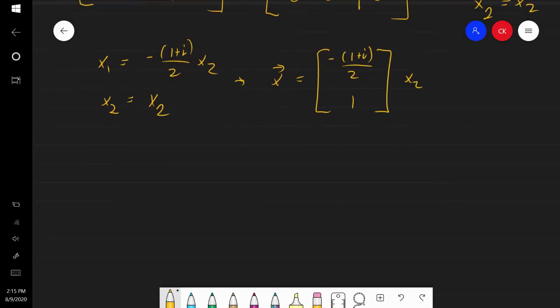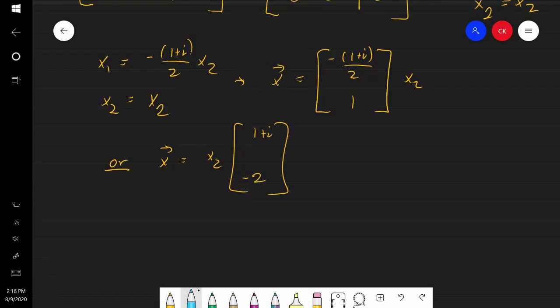So we'll go ahead and do this one more time and say that x then is going to be all scalar multiples of the vector (1 plus i, negative 2).